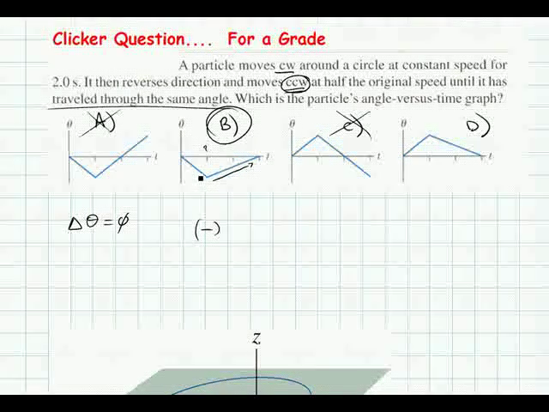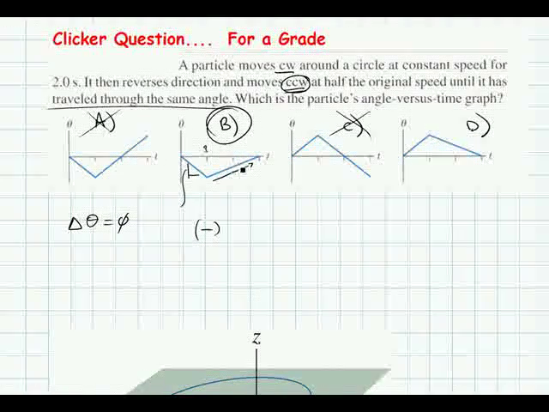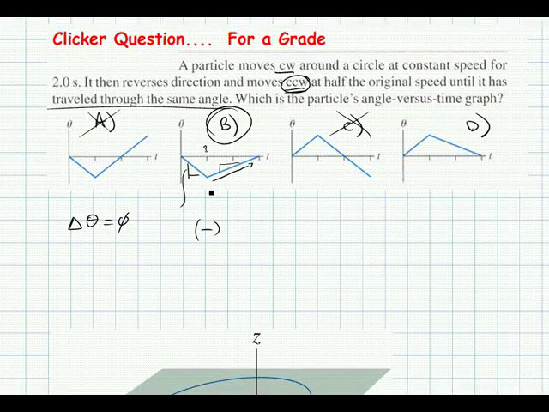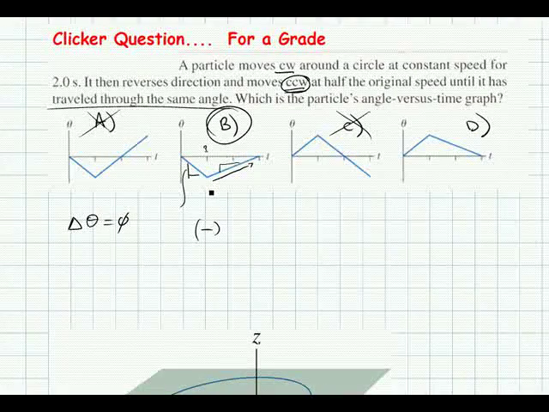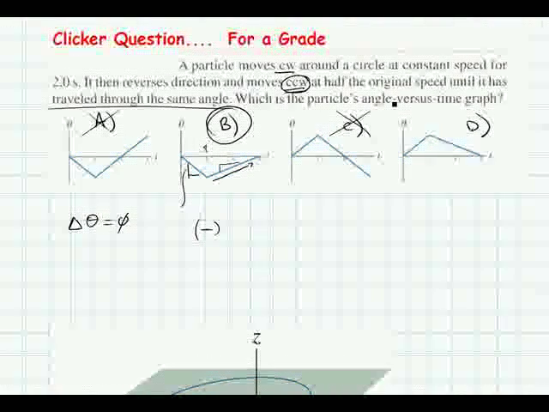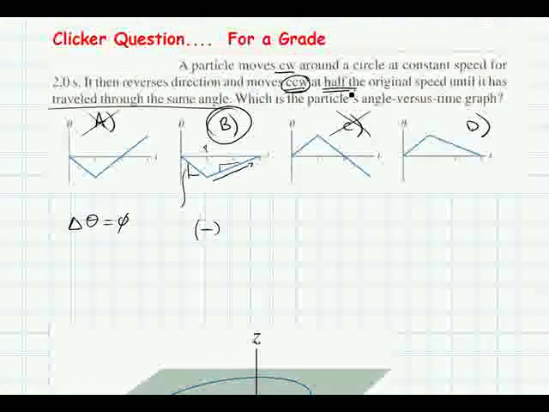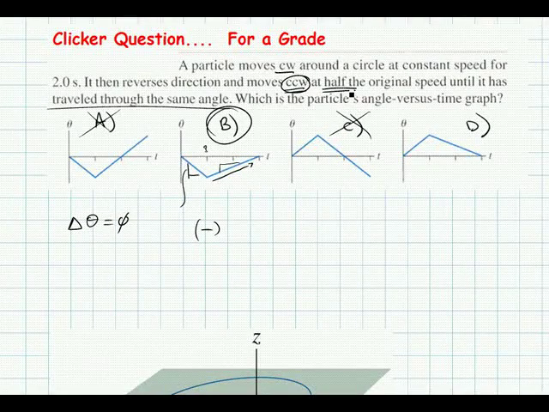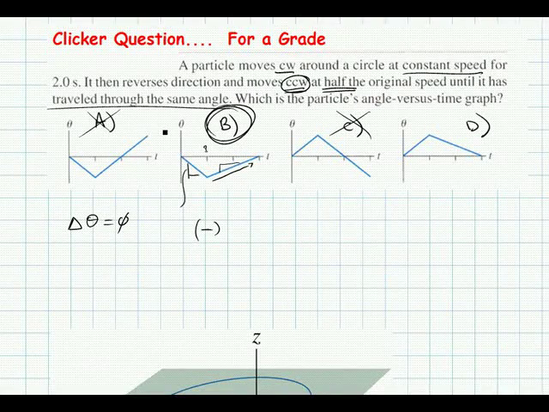And the slope between, let's say, 0 and 2 seconds in the first phase is, as you can see, twice as much as the slope of the second part, which is consistent with this half the original speed piece of information that we have. Also, the fact that we have two straight line segments for phase 1 and phase 2 is consistent with the constant speed. So B is the correct answer.